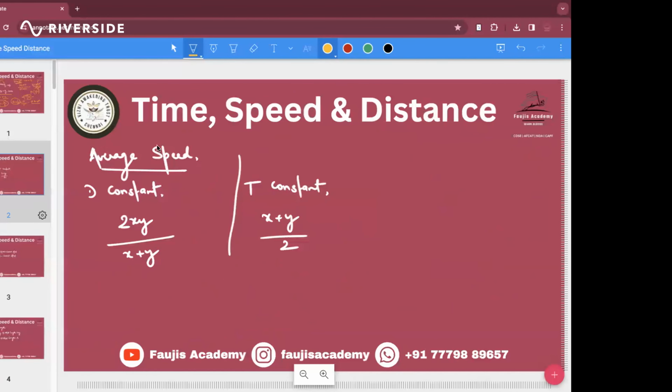Okay. I wanted to talk a little bit about the average speed as well. So for average speed, there are two cases. Let's say for 2 hours, I'm going at the rate of 30 kmph.